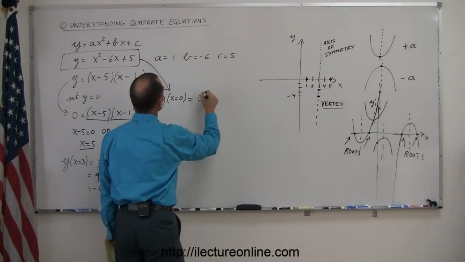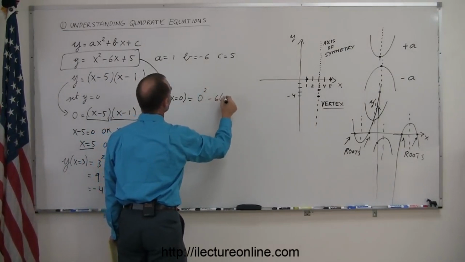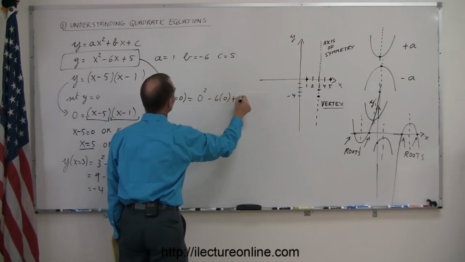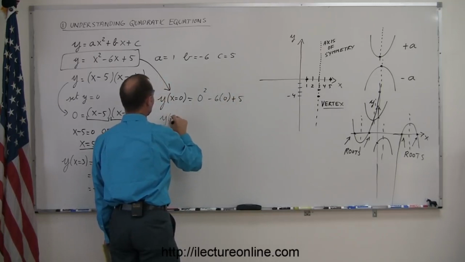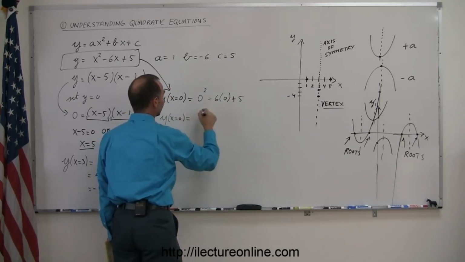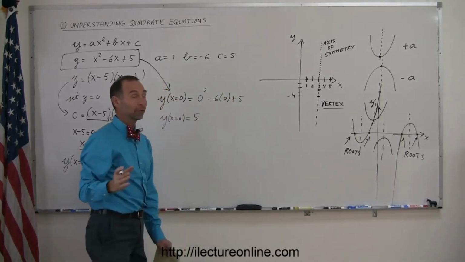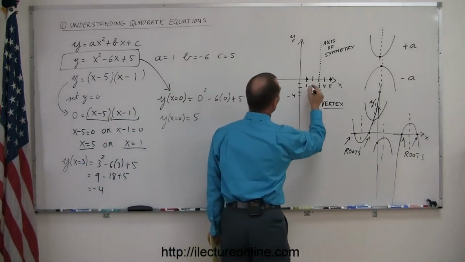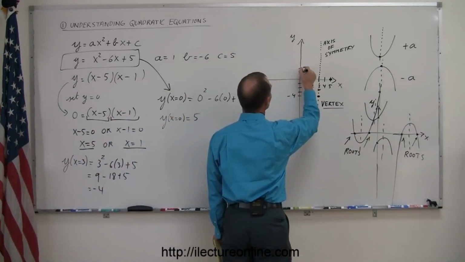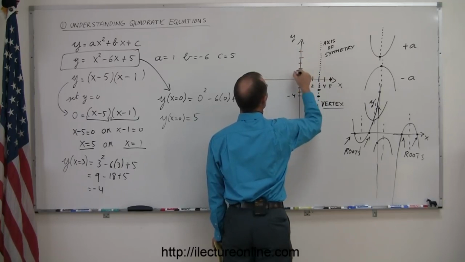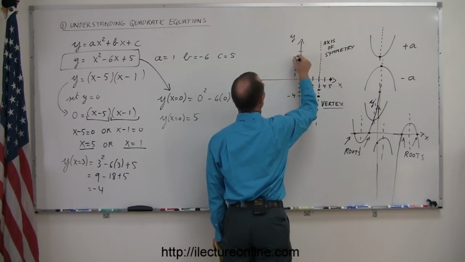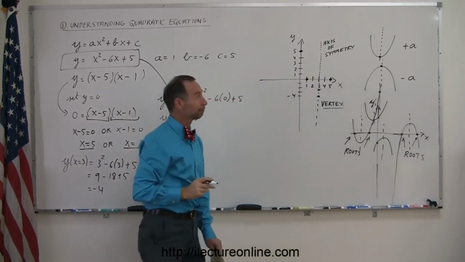So I get 0 squared minus 6 times 0 plus 5, or y when x equals 0 is equal to 5. So going to my graph, when x equals 0, my y value should be 5. So it's 1, 2, 3, 4, and 5. And so my parabola must cross that point as well.